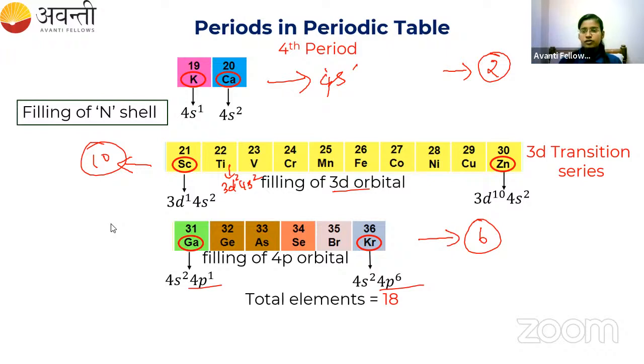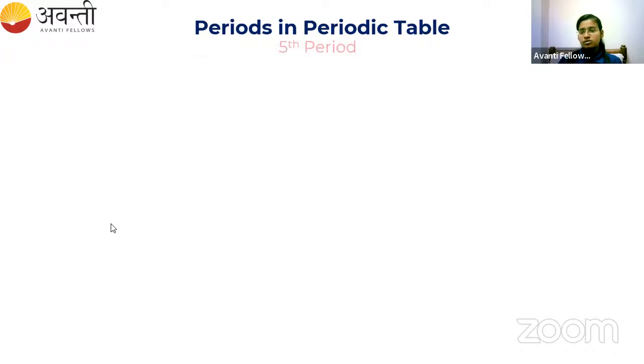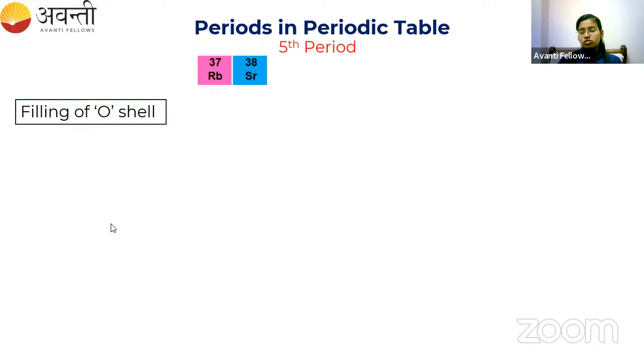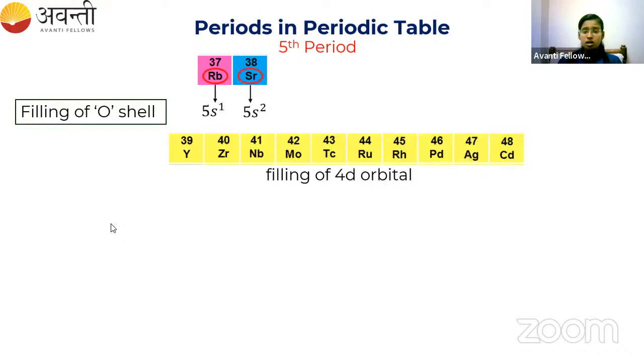Now coming to fifth period. The filling of O shell takes place here. So the first two will be rubidium and strontium with the 5s1 and 5s2 configuration. Then the next is the filling of 4d orbital starting from yttrium and ending with cadmium, with 4d1 5s2 till 4d10 5s2, the 4d transition series.